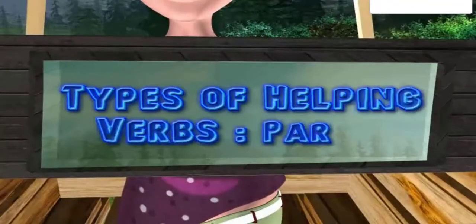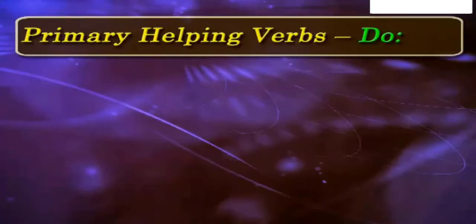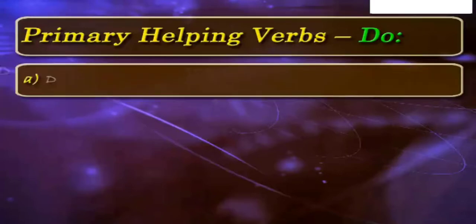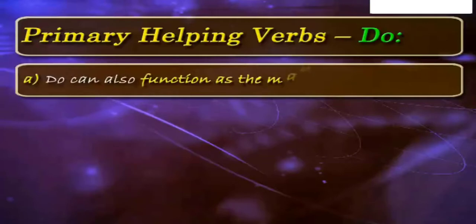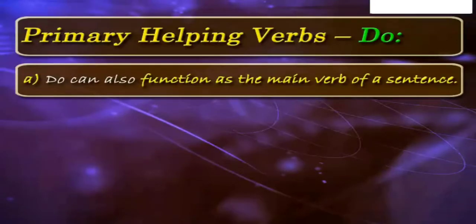Types of helping verbs, Part 3. Primary helping verbs, do. In this module, we will learn about the use of do, which is a primary helping verb. 1. It can function as the main verb of a sentence. 2.